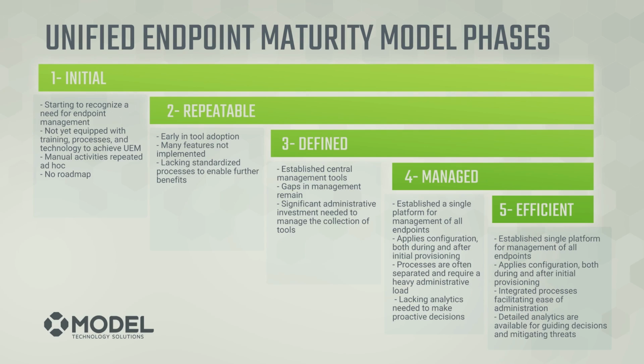Today we're going to be discussing in depth the level 4, or managed, security phase, so security for endpoints. And what you're going to find is that endpoint security branches out a little more into organizational security as well, which we'll dive into as we go. But these maturity model phases are not new. We did not make these up, but they are something that the industry uses pretty frequently.